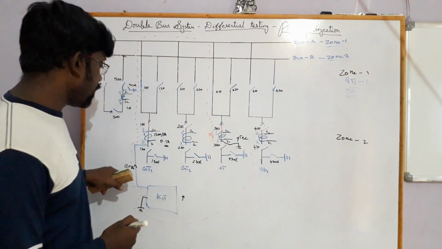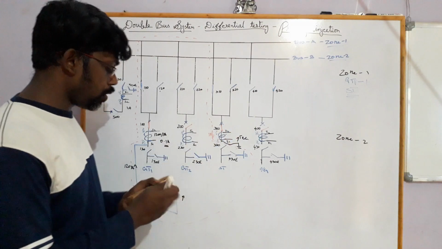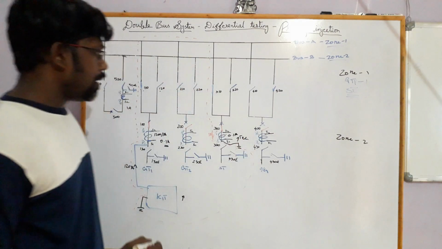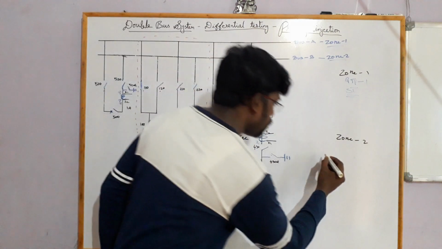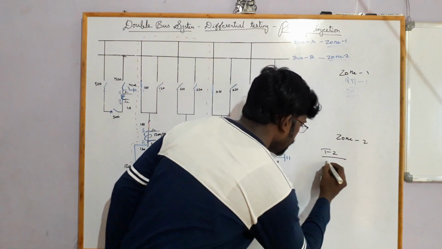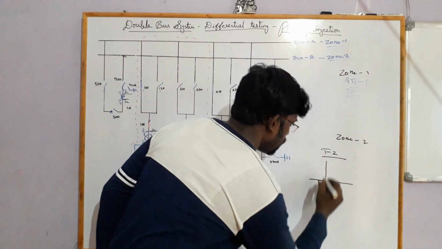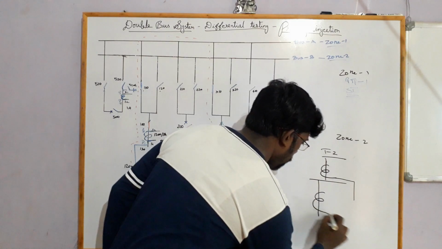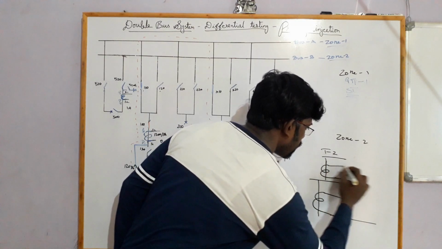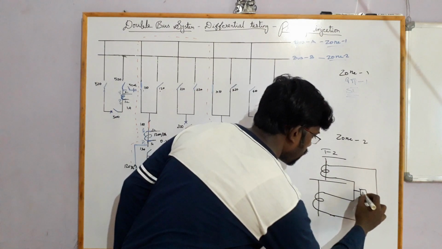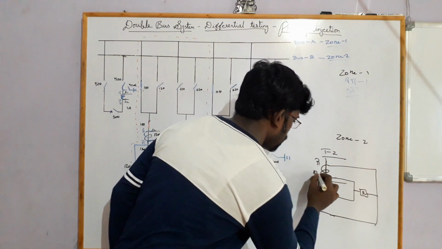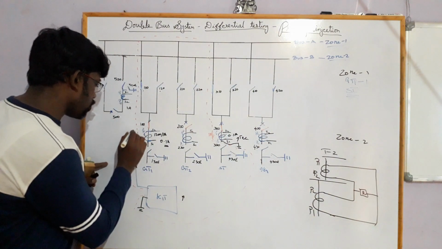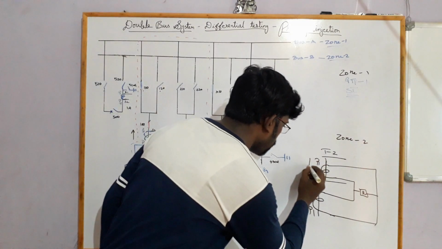When you inject current, here it produces 0.1 amp, and here also 0.1 amps. Since it is a type 2, if you see here, the current direction is from P1 to P2.